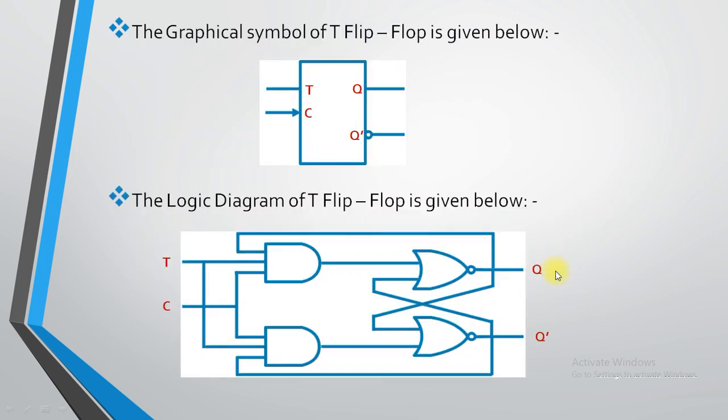Here is the logic diagram and graphical symbol of the T flip-flop. Because only one input is there, we have one input line, and the clock can be represented by an arrow sign.